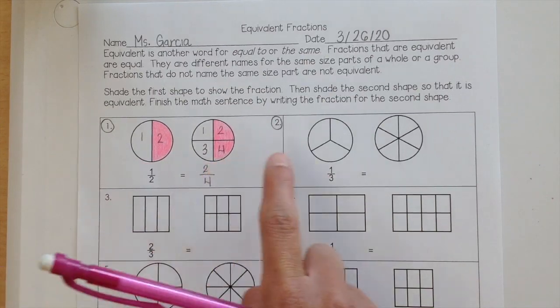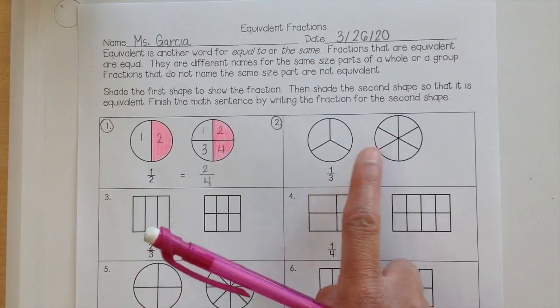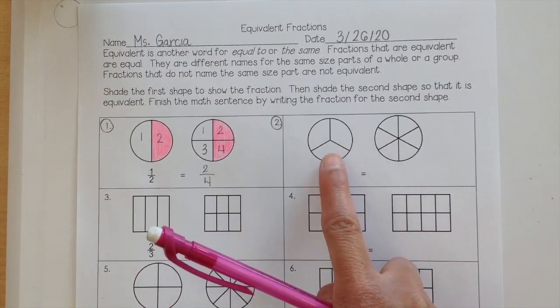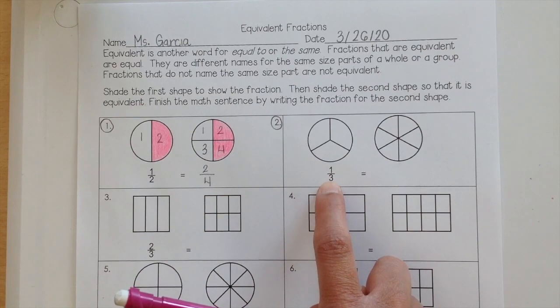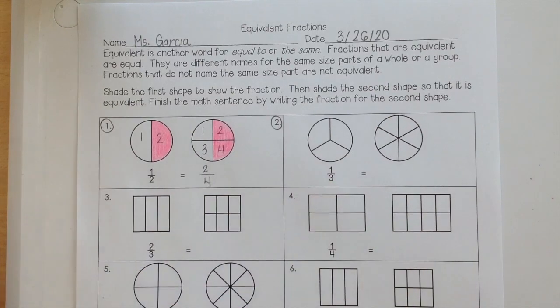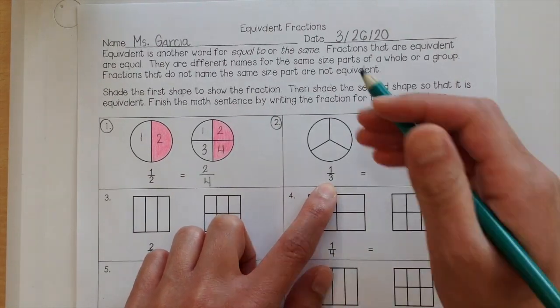Okay, so I'm going to model number 2 for you. Number 2 is already partitioned just like number 1 was. The first fraction says 1 out of 3. So it's telling me to shade 1 part out of the 3 parts.